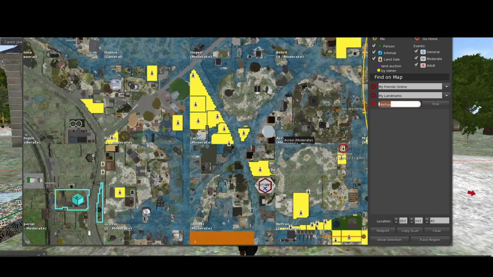Another con that is in common with mainland is scripts. Just because a person stays under their prim count, doesn't mean that they necessarily stay under their script count. And so the system for region, as far as I understand it, is going to prioritize the heaviest items first.